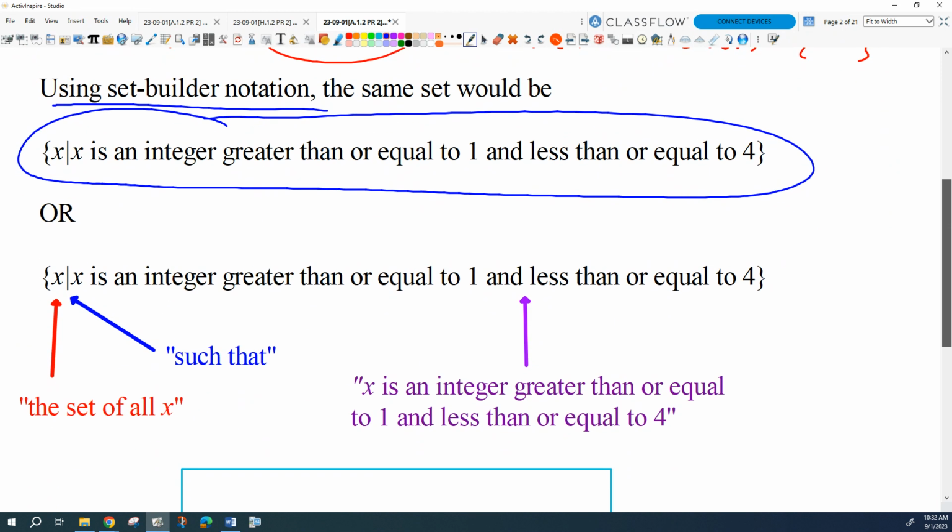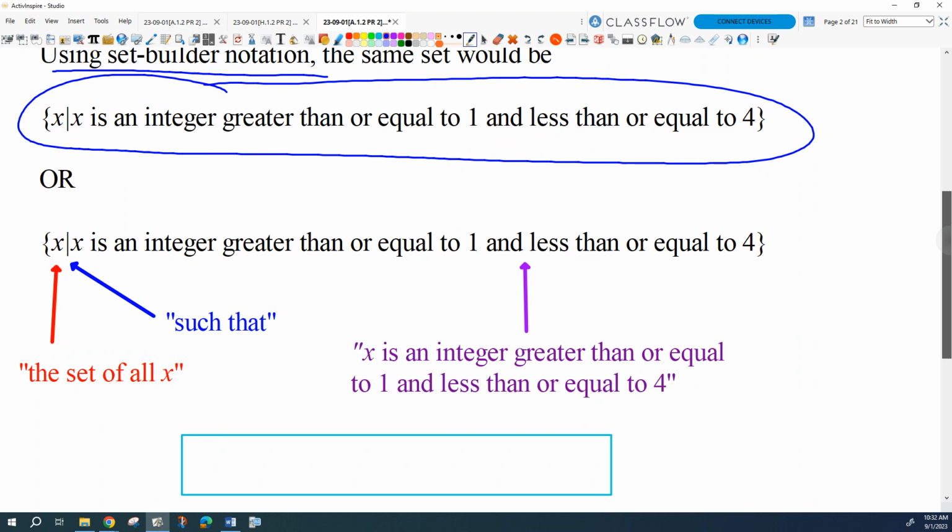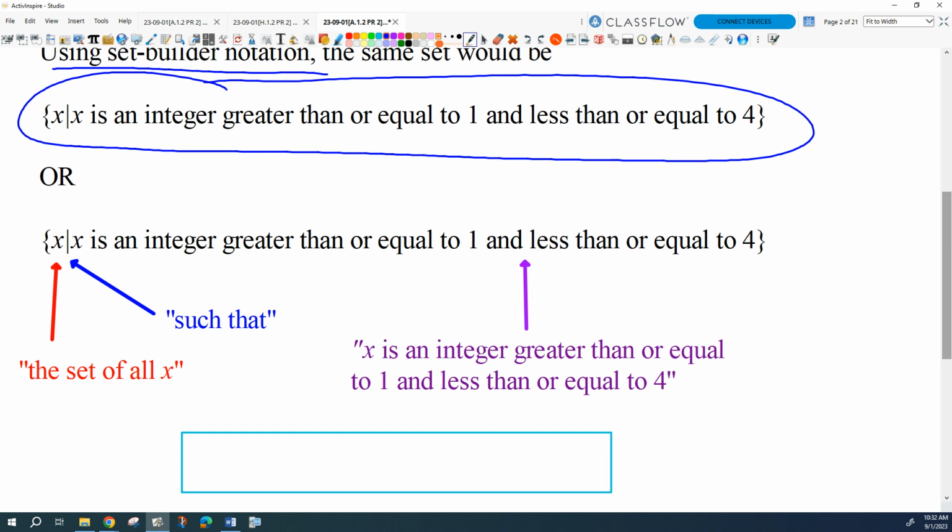So what does this mean? Let's look at this blue example. There's a way that we say this in math. Using set builder notation, inside the set brackets, there are 3 separate parts. The very first thing you do in set builder notation is you have to say what's the variable we're using to describe this? So in this case, it's an x, right? So the first thing we would say is the set of all x, and then this vertical line, it's called a conditional bar.